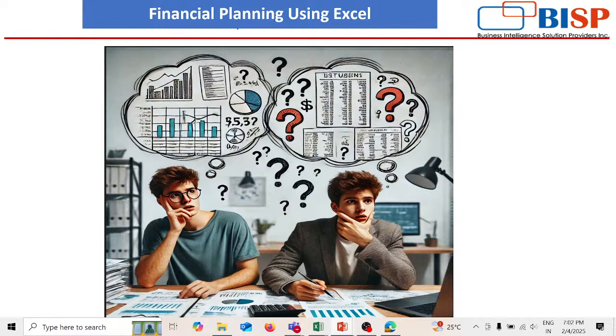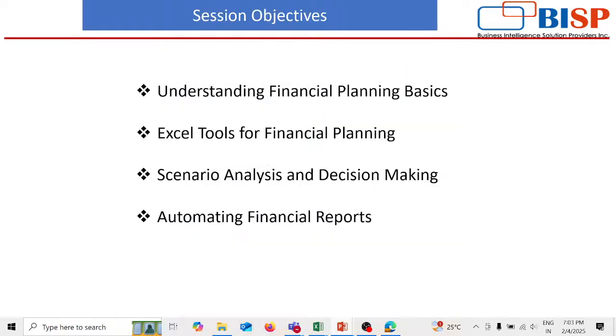So he would need a simple yet effective way to understand his business financial health. Hence, to overcome all these challenges, we resort to Excel financial planning so that he'll be able to build financial statements from scratch using Excel to track business performance and make informed decisions.